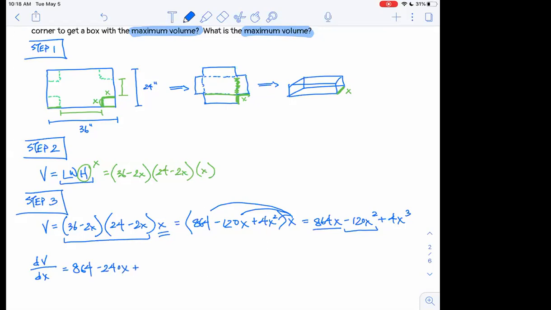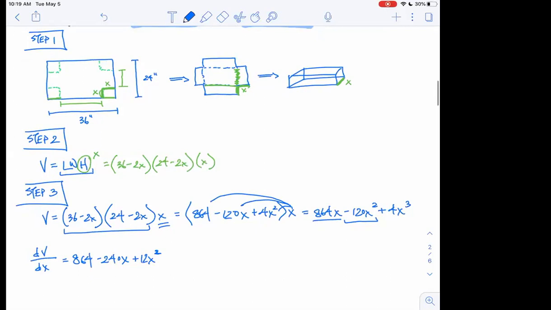And then the derivative of the last term? 12x squared. Good. All right. So there are lots of things that are trickier about optimization problems, but the one nice thing is that the derivative part tends to be super easy. Okay, so we're really just using a lot of power rule. We just want to make sure that we're doing it correctly.